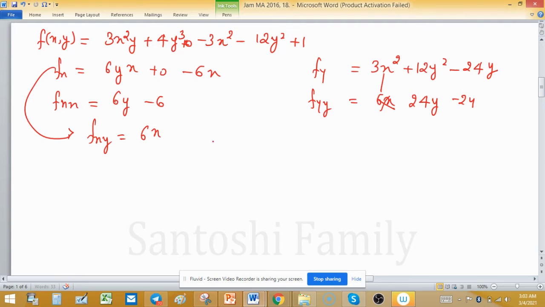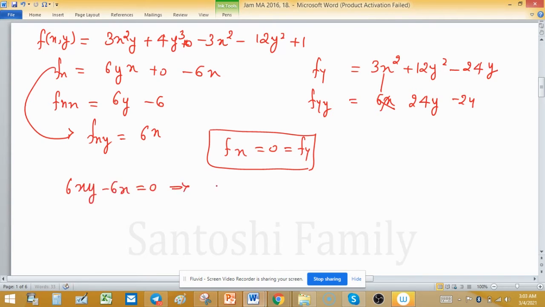For an extrema point, put fx equal to 0 and fy equal to 0, where both are 0, not only one. So fx is 0, it means 6xy minus 6x is 0.